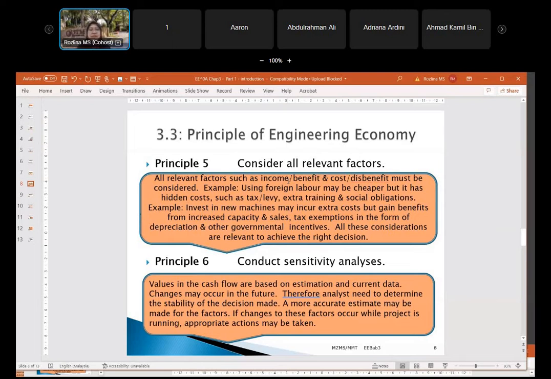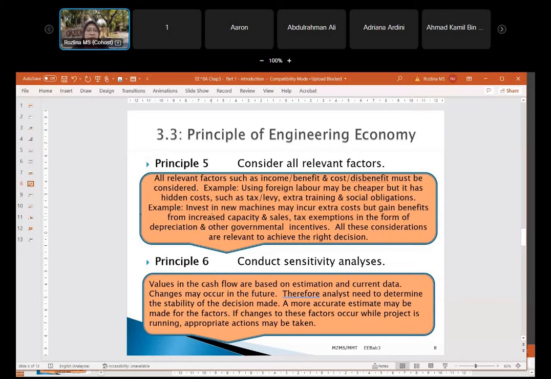The cost or disbenefit means under the cash flow diagram, below, that one is cost or disbenefit. Example, using foreign labor may be cheaper, but it has hidden costs, such as you have to pay the tax and levy, extra training and social obligations.